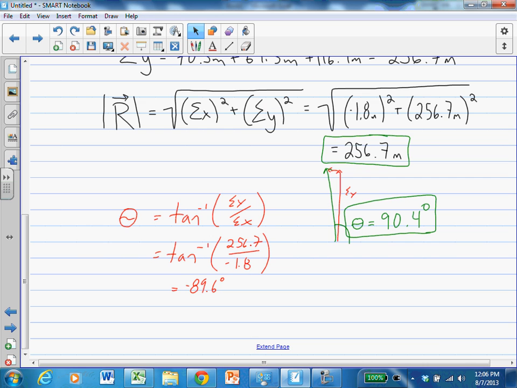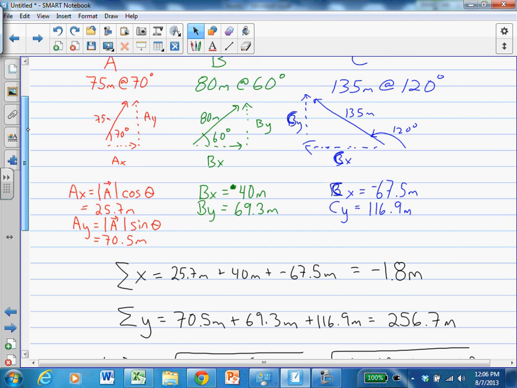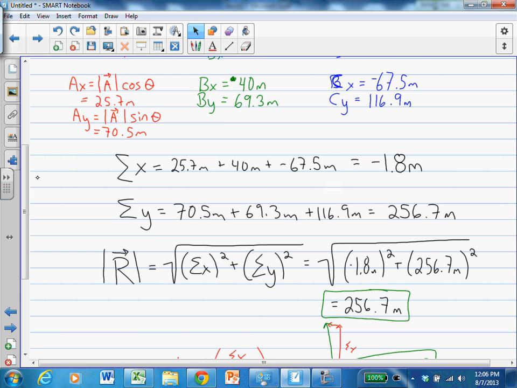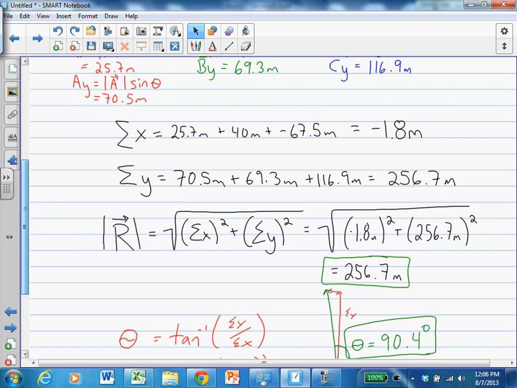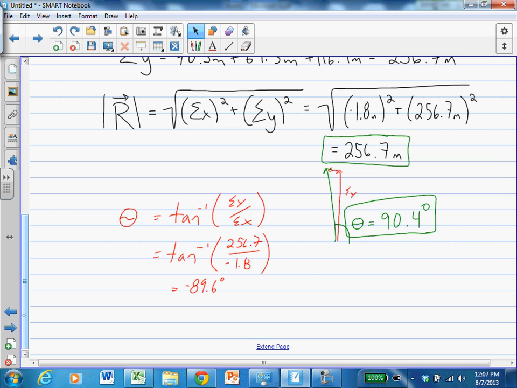Because in this problem, you have to find the x components of each individual vector, the y components, and then you have to sum the x and y components. Then you have to do Pythagorean to get the magnitude of the resultant, and then you have to do tan inverse of the y's over the x's to get the direction. Okay, and that will bring you through topic 1.